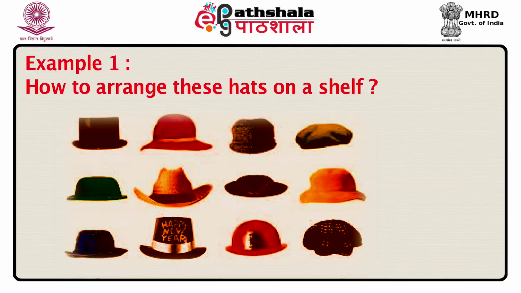How would he arrange these hats so that a person coming to the shop looking for a particular type of hat or similar type of hats would go to a particular shelf and find what he needs? Now you can see that these hats are of different types. So there must be some criteria by which we can separate them into different shelves. That is the problem of partitioning.